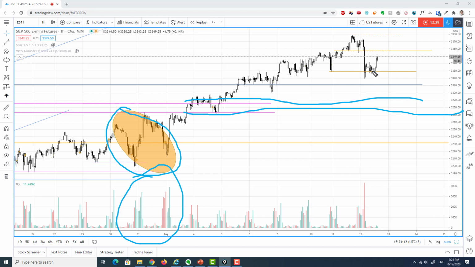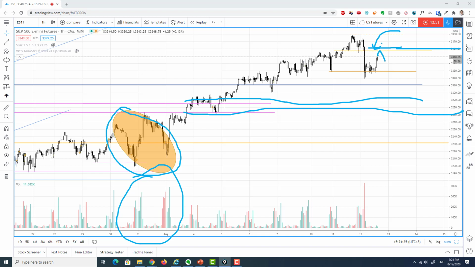So the potential setup that I am anticipating is to initiate some kind of short entry upon rejection from this immediate resistance level near 33.60. So this area could become a nice short entry upon a rejection.